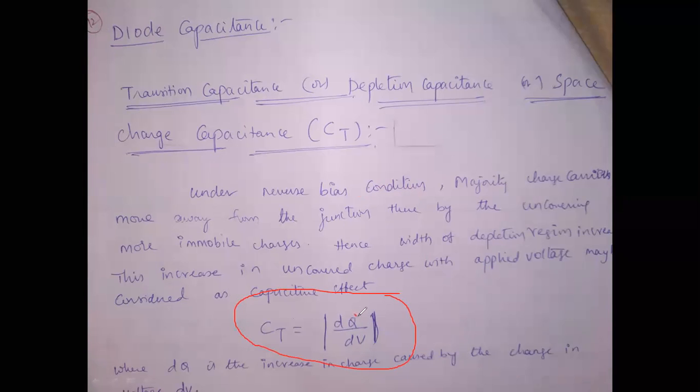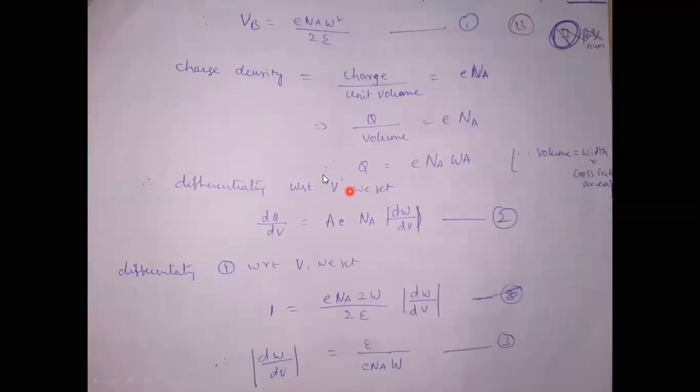So I need to find Q here. If I get the value of Q, then for any value of voltage, I will get the capacitance CT. For this reason I am finding Q.